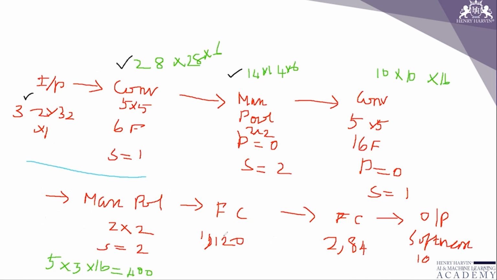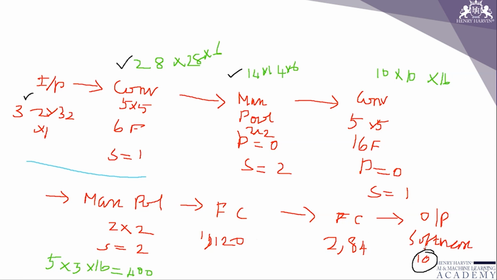So this is a fully connected layer and the next one is also a fully connected layer, right? So here how many neurons are used? 84 neurons are used. In the previous case 120 neurons were used and here 84 neurons are used. Then it is connected to the output. Now if you look at the output, it is saying 10, right? So why is it saying 10? Think that we are talking about the MNIST data set.